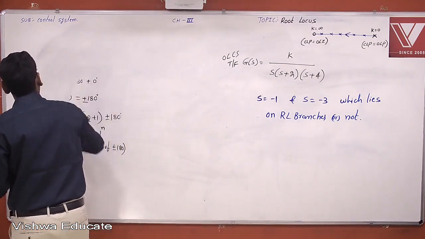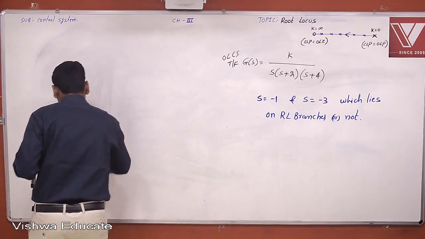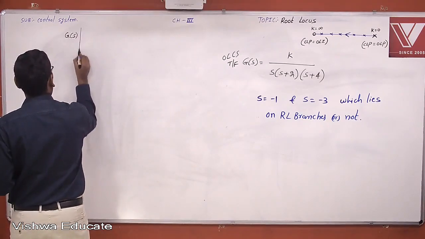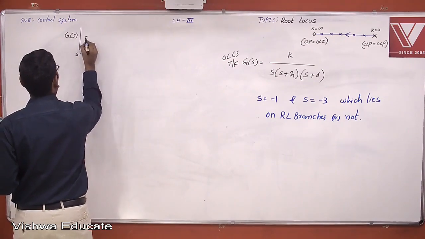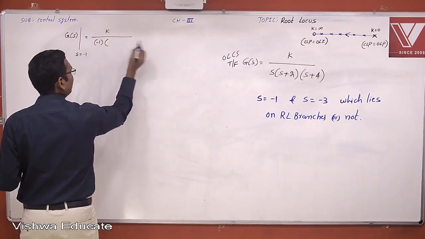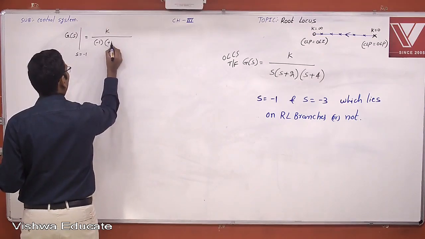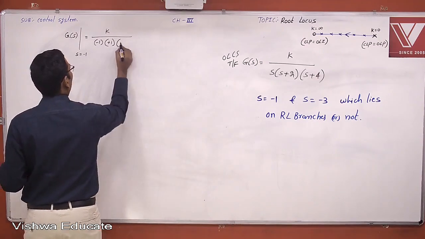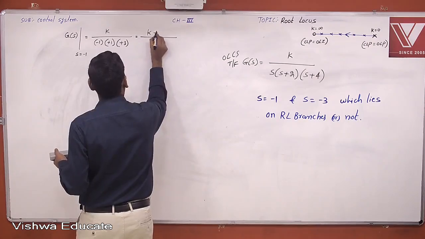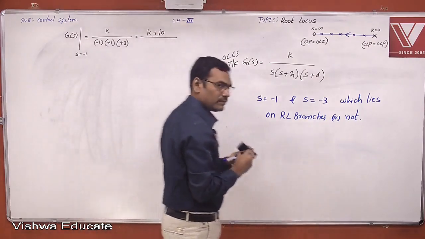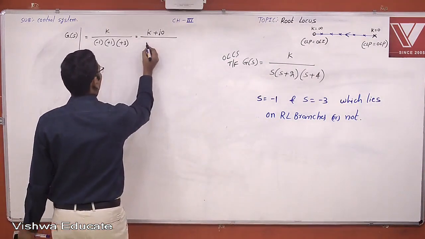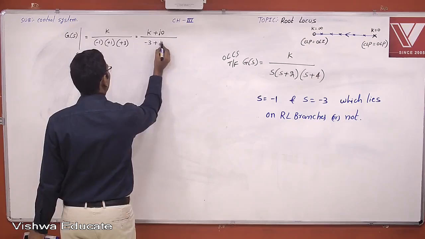Now see here, if I measure G of s at s equal to -1, which is nothing but K by (-1 plus 2) into (-1 plus 4), which is K by (1 plus j0) into (3 plus j0).